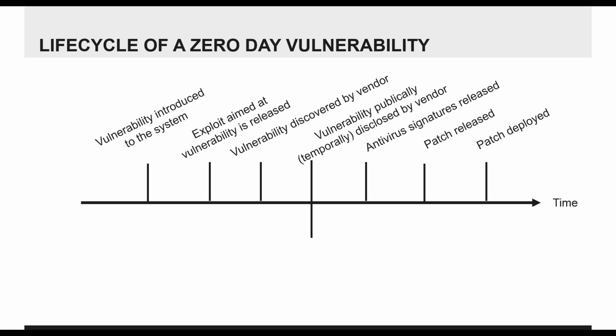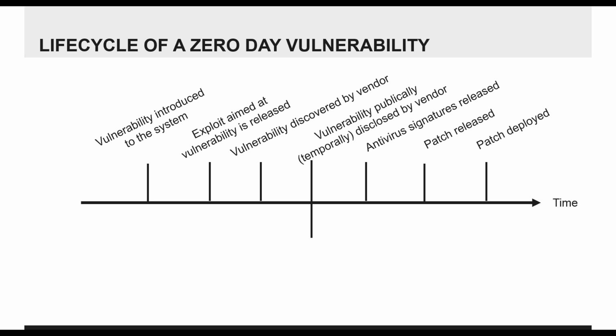And after some time, this new opening, the vulnerability, is discovered by the vendor itself. The next step would be that the vendor tries to close this opening, maybe temporarily by shutting down processes or shutting down certain communication ports to temporarily close those openings or vulnerabilities.